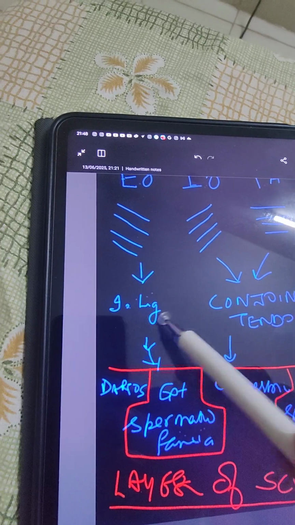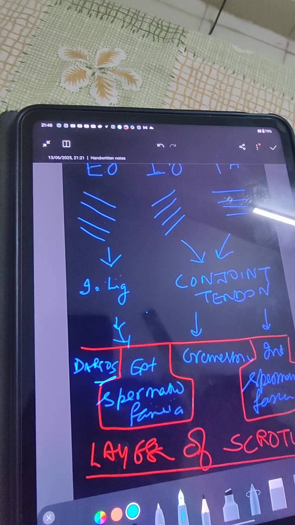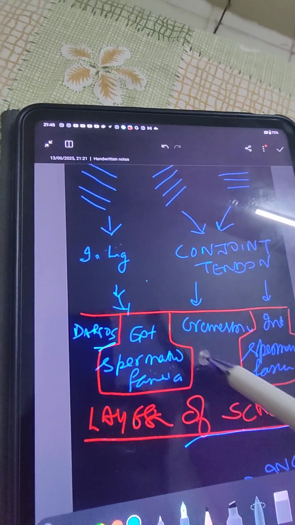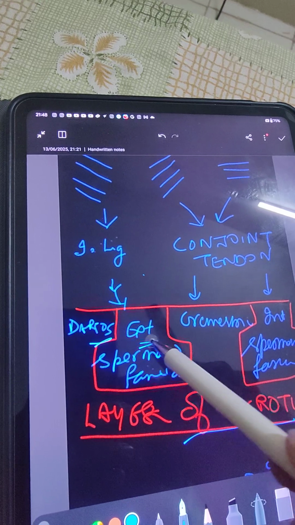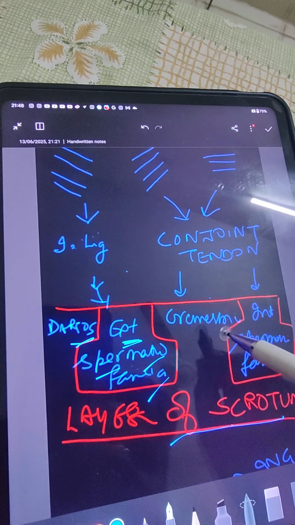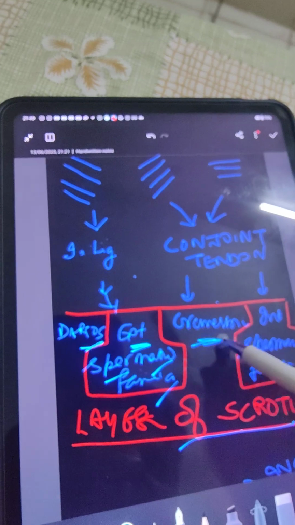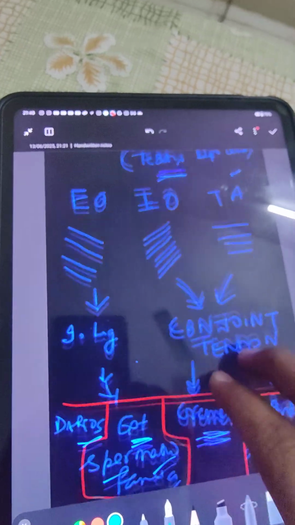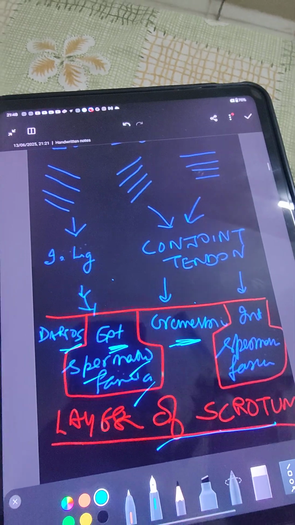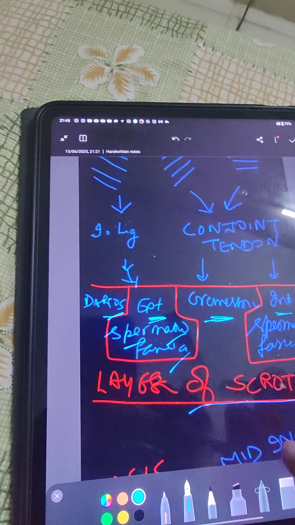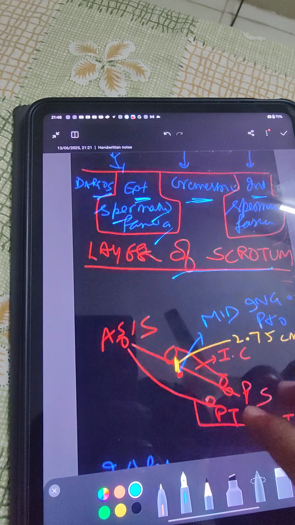External spermatic fascia. The continuation of the internal oblique will be the cremasteric fascia, and the last one, the transversus abdominis, what will its continuation be? Internal spermatic fascia. These are the layers of the scrotum.